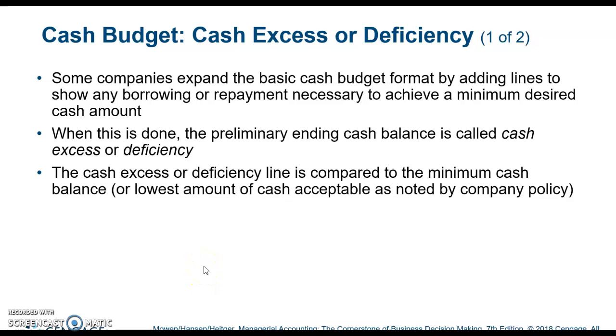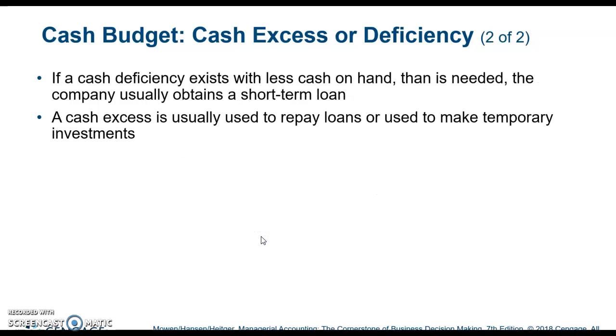Okay, then we take a look, they expand the basic cash budget formula by adding lines to show any borrowing or repayment, and then we can see if we have a cash excess or deficiency. Okay, and we have a minimum cash amount that's company policy, and if we aren't going to have enough left at the end of the quarter, then we're going to have to come up with some new borrowing.